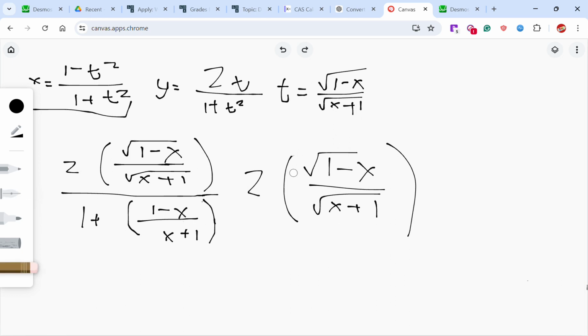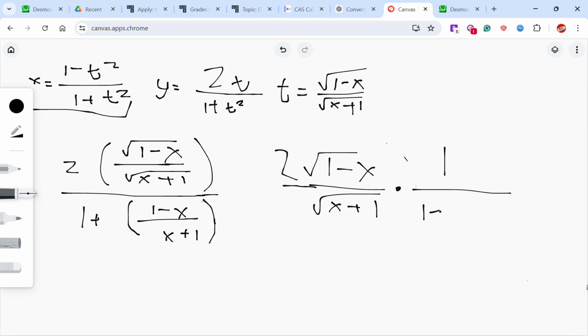Actually, we don't need these parentheses anymore. We could just put 2 on the numerator on this side. 2 right here. That equals, actually no, that does not equal, we put 1 here, and then we divide. Just so we can get this out of the way for now, we don't have to focus on it as much.